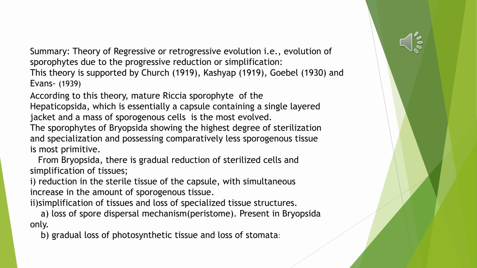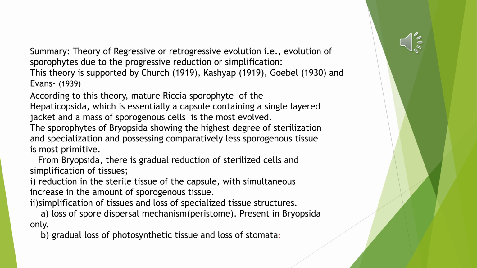According to this theory, mature Riccia sporophyte of the Hepaticopsida, which is essentially a capsule containing a single layered jacket and a mass of sporogenous cells, is the most evolved. The sporophytes of Bryopsida, showing the highest degree of sterilization and specialization and possessing comparatively less sporogenous tissue, is most primitive. From Bryopsida onwards, there is a gradual reduction of sterilized cells and simplification of tissues.